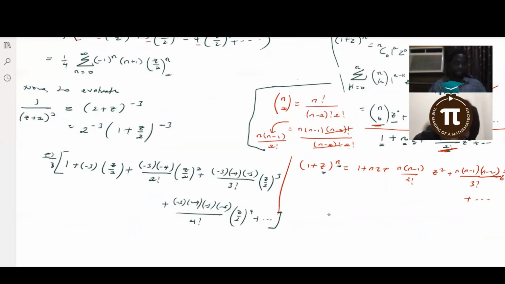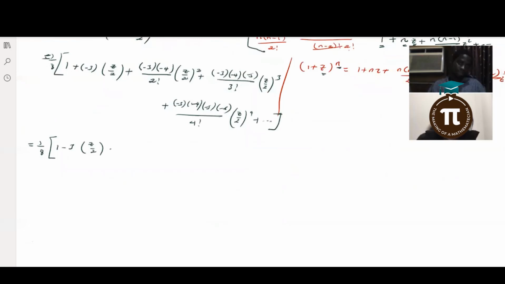Good. Now this is equal to 1/8 times (1 minus 3z/2).